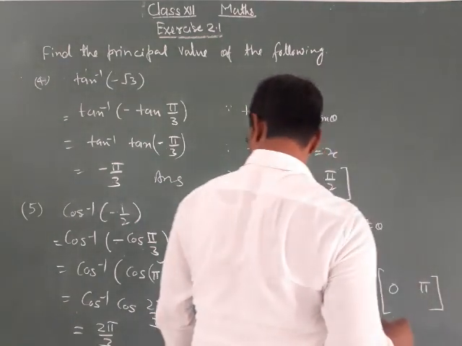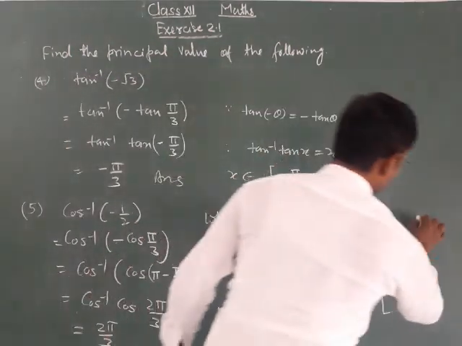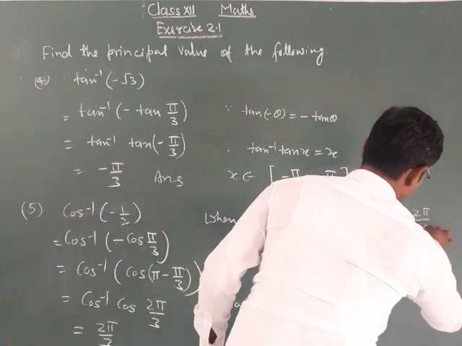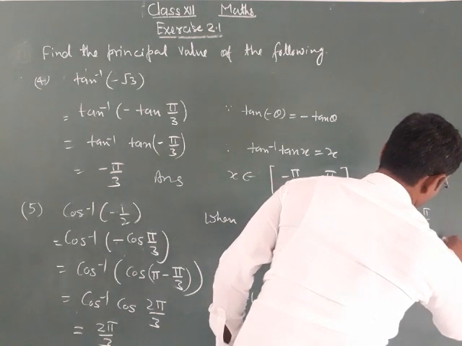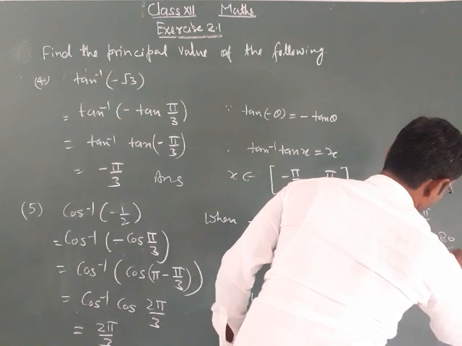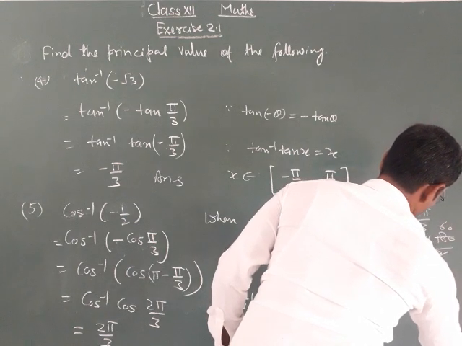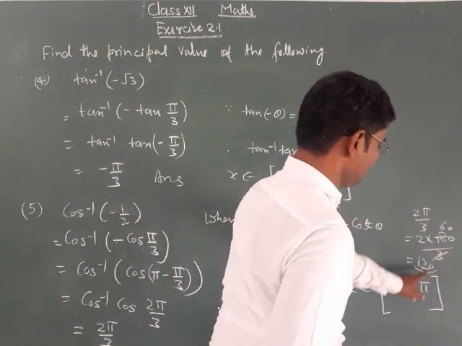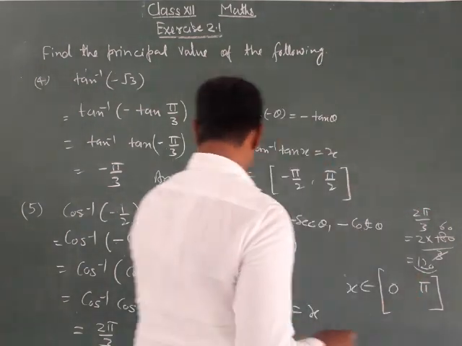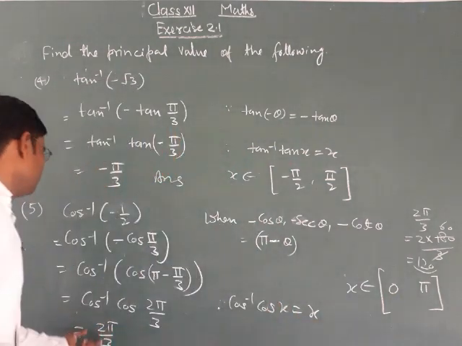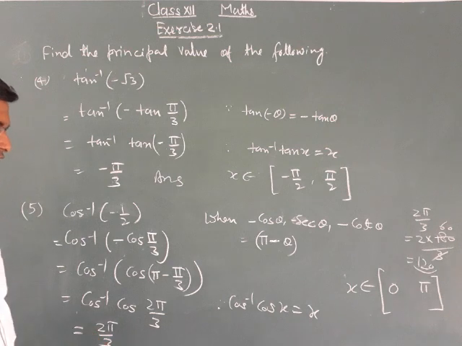So 2 pi by 3 is 2 into 180 divided by 3, which is 120 degrees. 120 lies between 0 and pi. So this is the principal value of cos inverse minus 1 by 2.